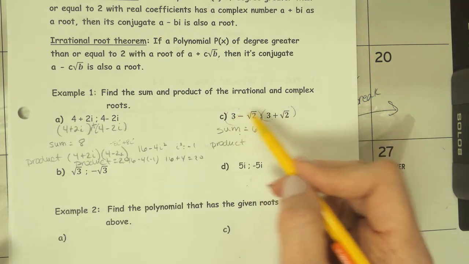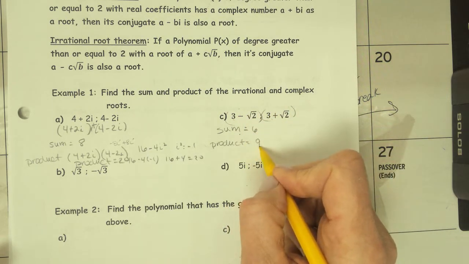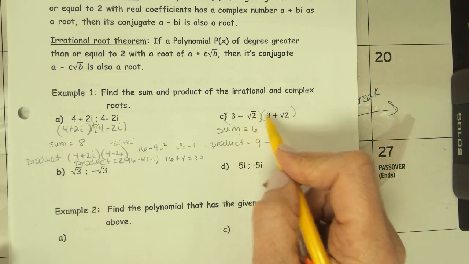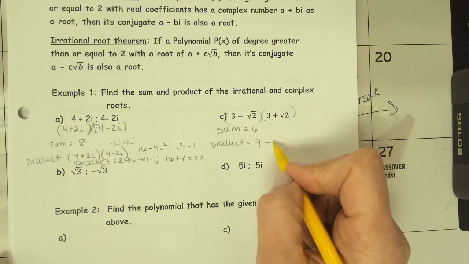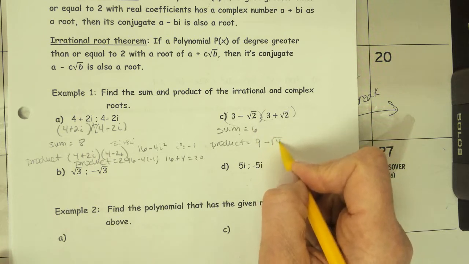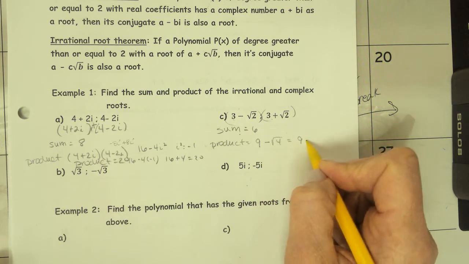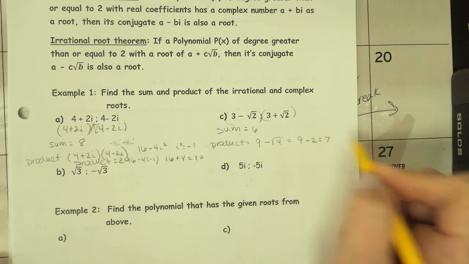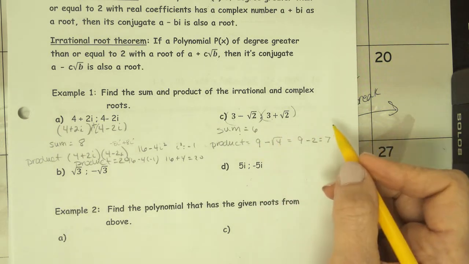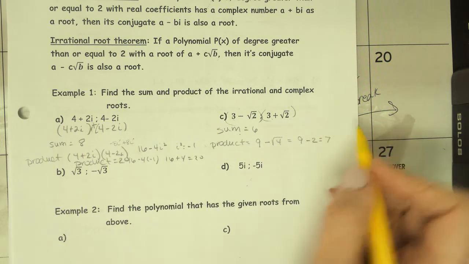So I'll just do 3 times 3 is 9, minus radical 2 times radical 2, which is radical 4. So you have 9 minus 2, which is 7. So the product is 7, and the sum is 6.